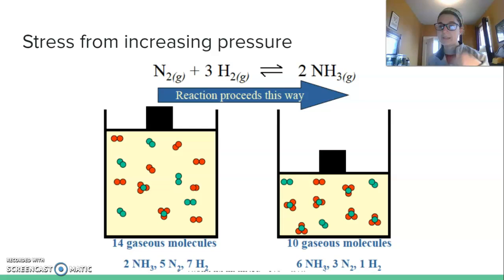And then when we increase the pressure, the reaction proceeds towards the products because there are fewer moles of gas on the product side, so that we have 6 NH3, 3 N2, and 1 H2. So notice that we have more particles of NH3 once the pressure is increased on the system, but the particles of N2 and H2 decrease.